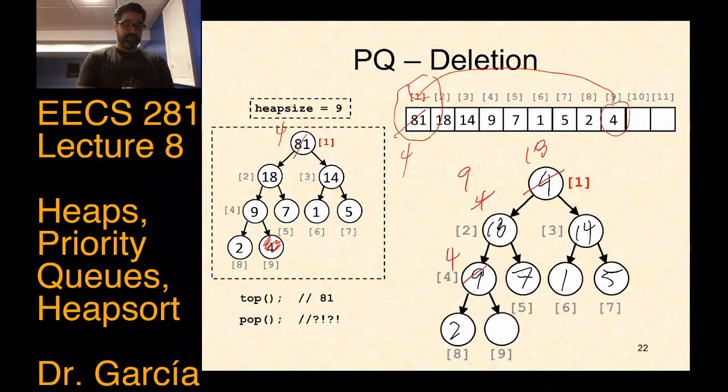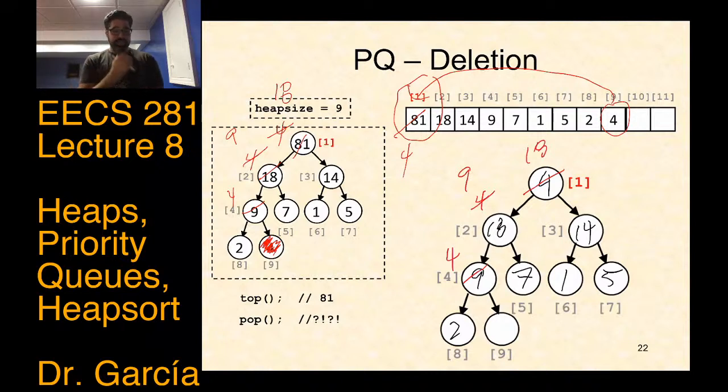So now we have 18 here. This becomes 4, but we still have breakage in our heap constraint. So 9 is greater than 7, so that's what I'm going to use. So now, 4. And then I'm done, right? Remember, because we moved the 4 to the root of the tree, there is no node here.